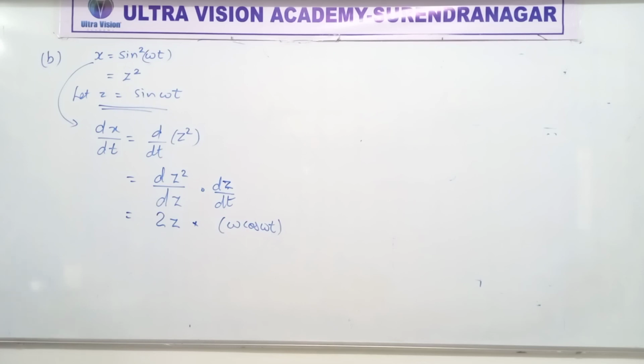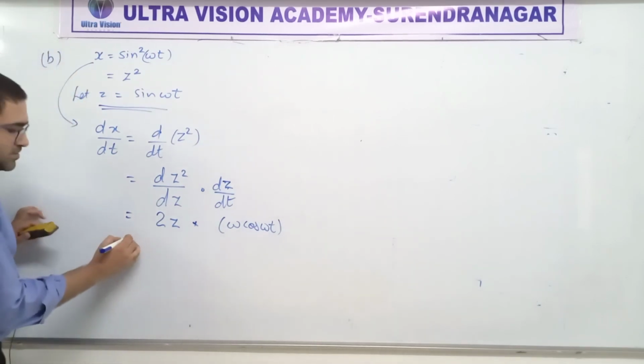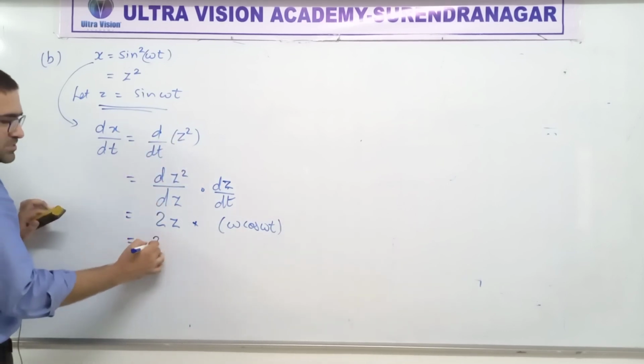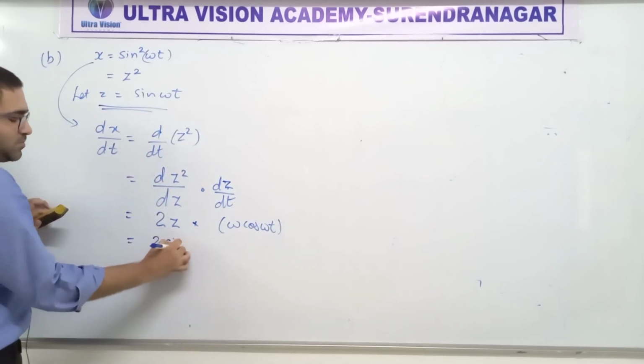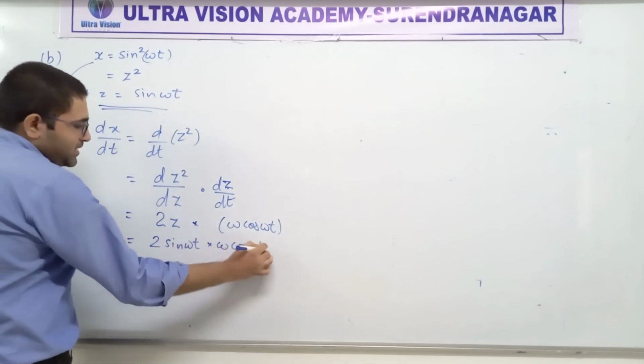Now is the video clear? Okay. So now we can put the z value. So this is 2 sine omega t into omega cos omega t.